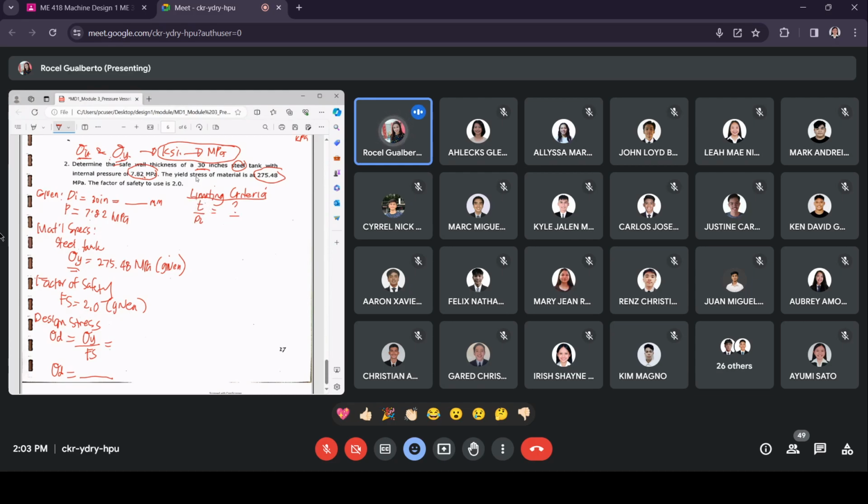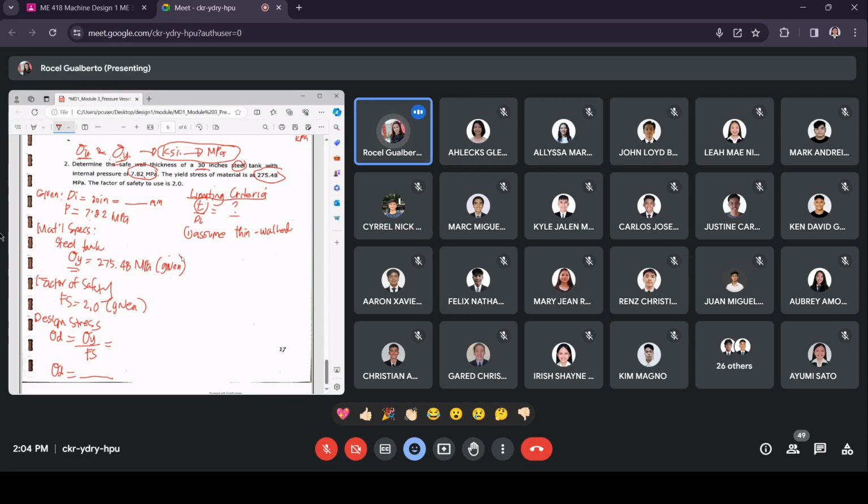After knowing that we cannot find the value of T over D sub I, since the unknown is the thickness, you simply assume first that it is thin wall. Once you assume it is thin wall, you can make use of the procedure for thin wall.